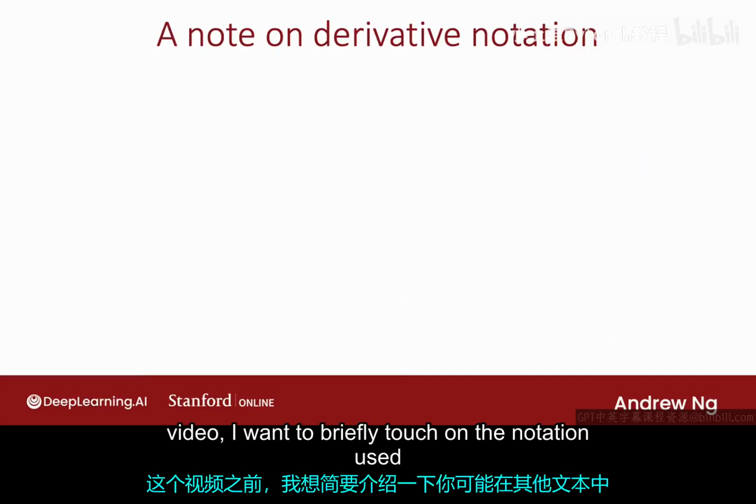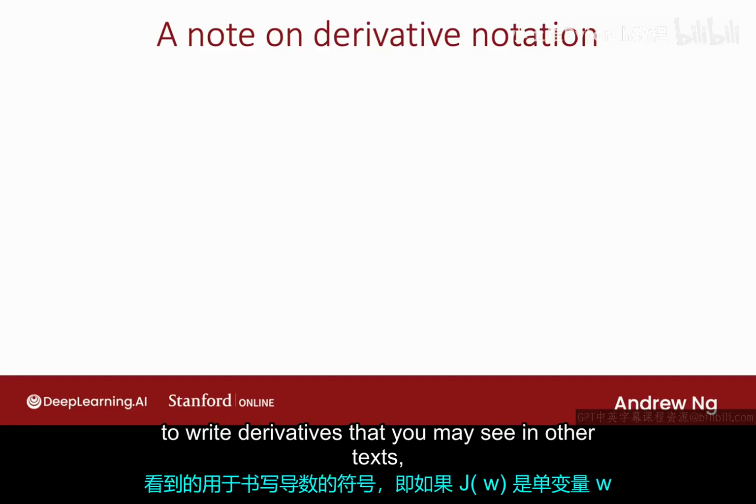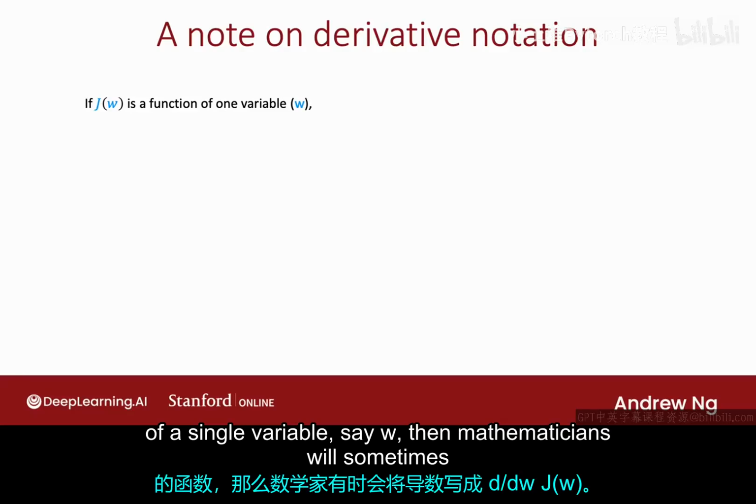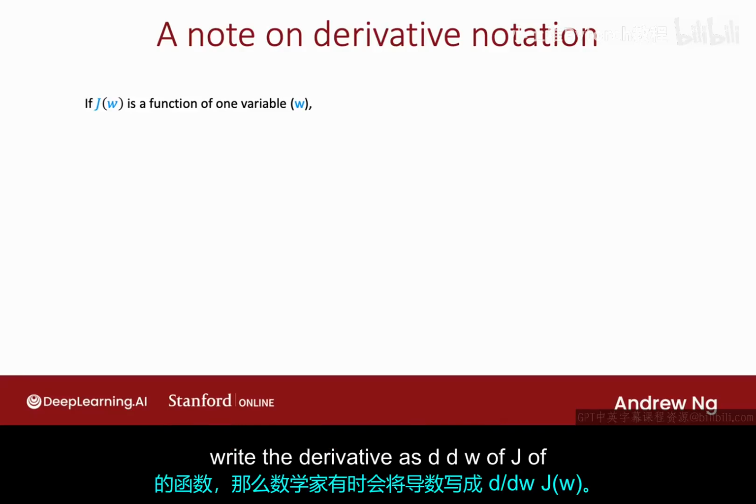Before we wrap up this video, I want to briefly touch on the notation used to write derivatives that you may see in other texts. If j of w is a function of a single variable, say w, then mathematicians will sometimes write the derivative as d dw of j of w.